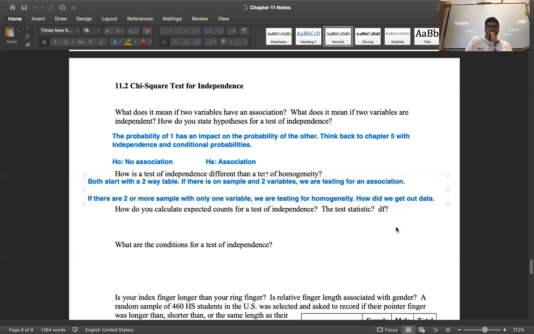Okay, so how do you calculate the expected counts for a test of independence? To find the expected counts, I'm just going to write EX.